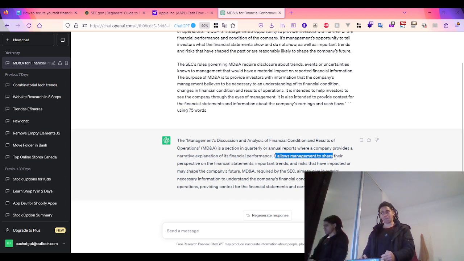It allows management to share their perspective on the financial statement. Something very, very important. Important trends and risks that have impacted or may shape the company's future.